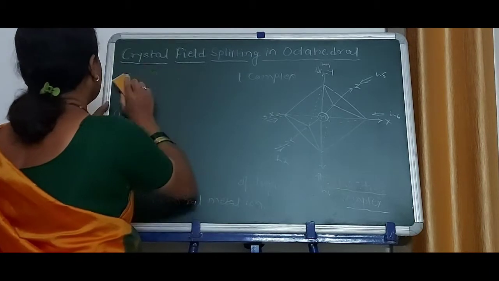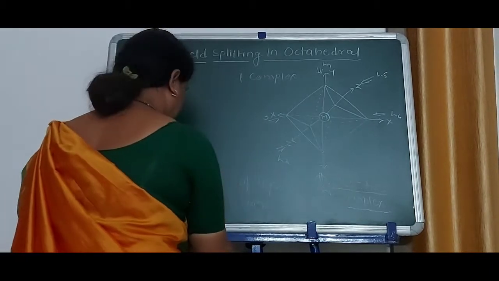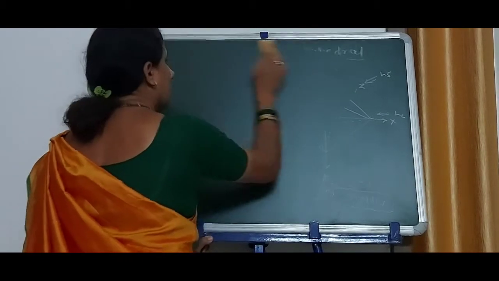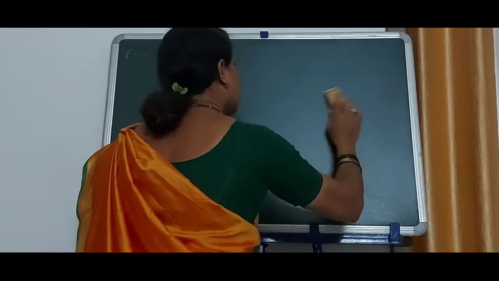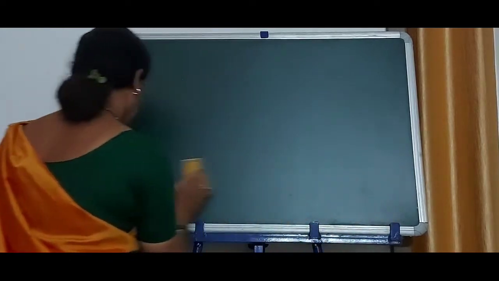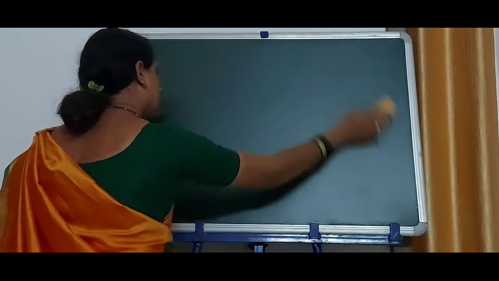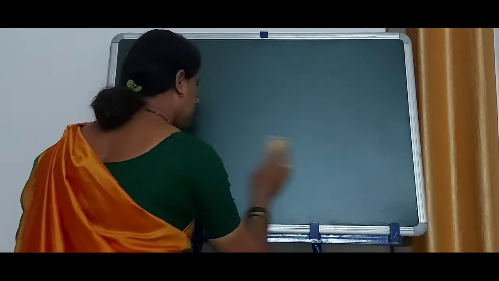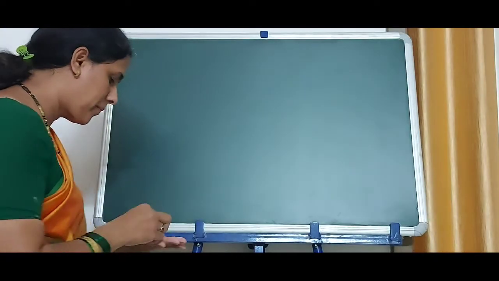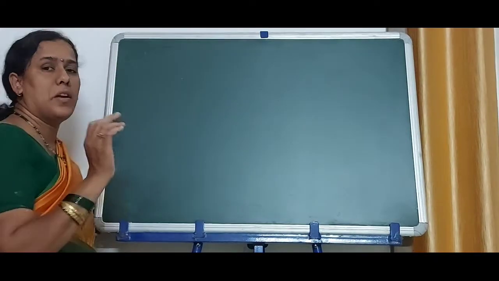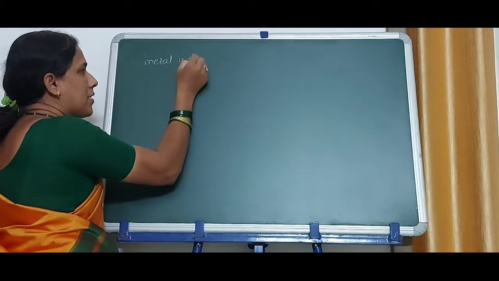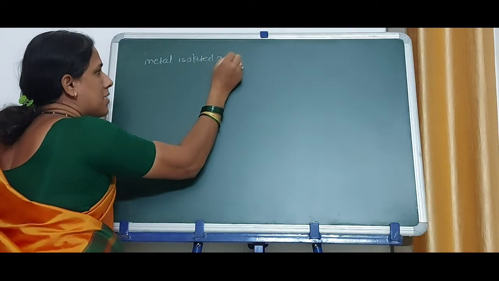We already know the d orbitals when the metal is in the isolated gaseous state.